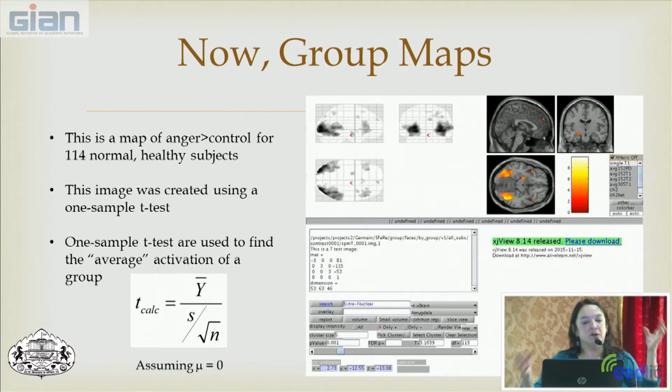When we start combining people together, especially for these robust tasks, such as this emotion faces task, we can really start to see what a general activation map looks like. Sometimes when you look at individual subjects, there's a lot of variability, so you don't get an idea of the big areas where the task is activating by looking at a single subject.